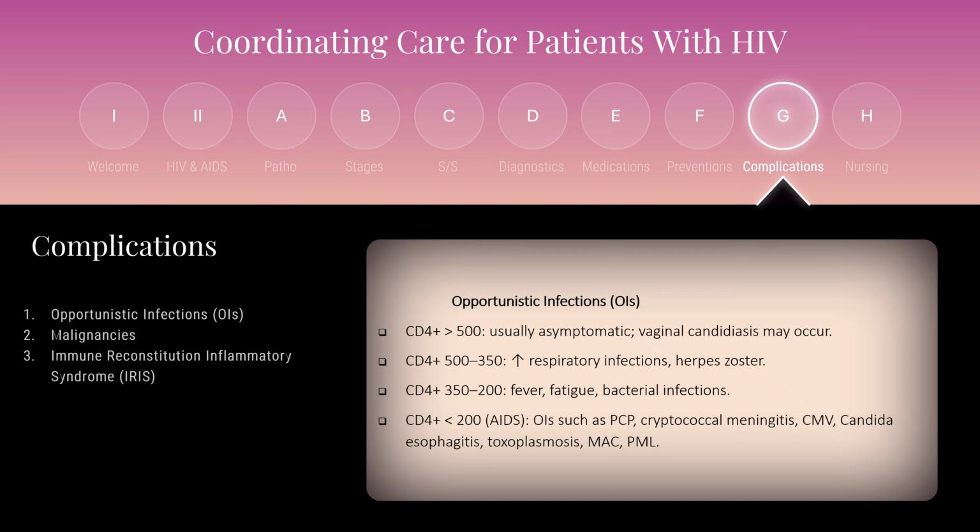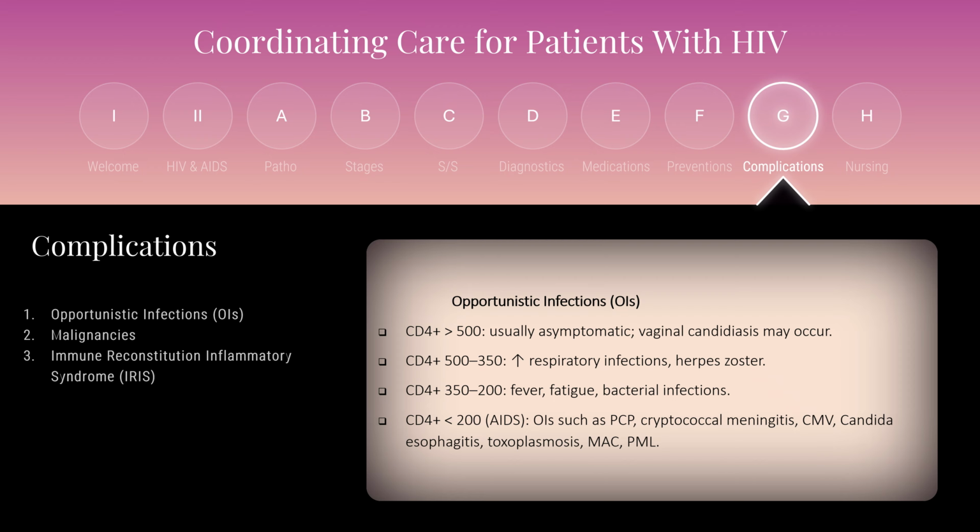CD4 between 500 and 350 increases respiratory infection, herpes zoster. CD4 plus between 350 to 200, it's fever, fatigue, bacterial infection. CD4 plus less than 200, AIDS.